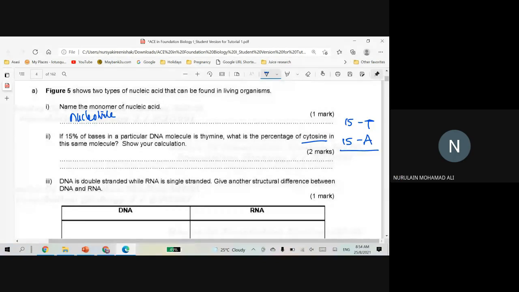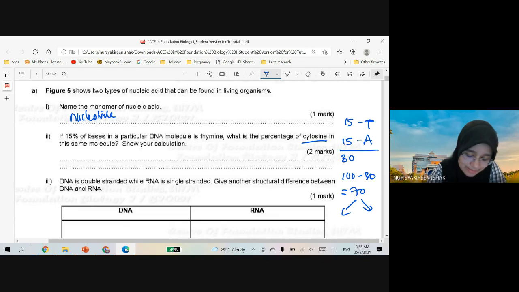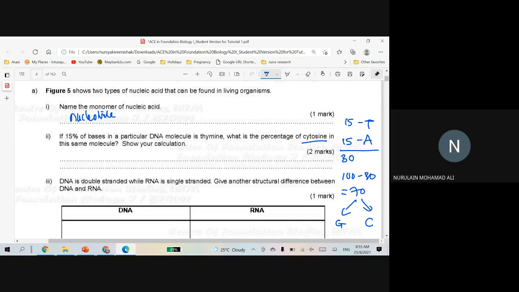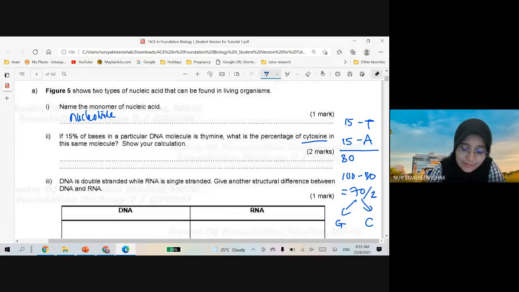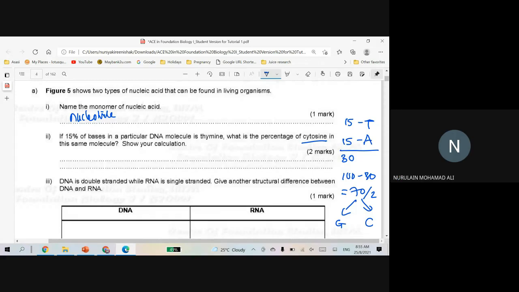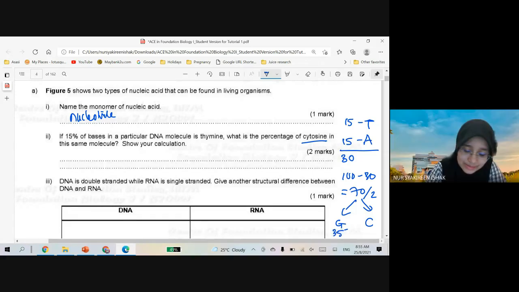Jadi jumlah dua tu 30%. 100% tolak 30% dapat 70. 70 tu C dan G, comprises of guanine and cytosine. So maksudnya kena halfkan je lah 70 tu kan. So each guanine and cytosine ni adalah 35%. Faham yang lain?